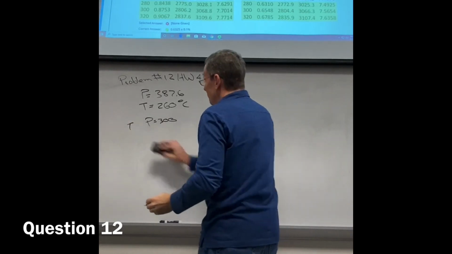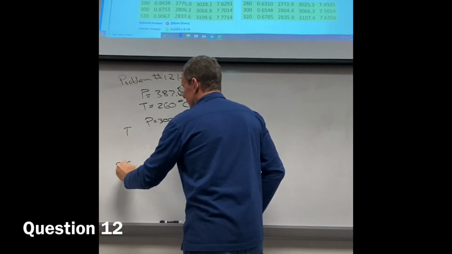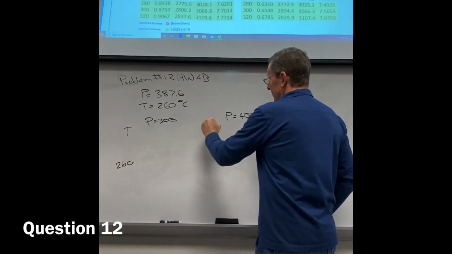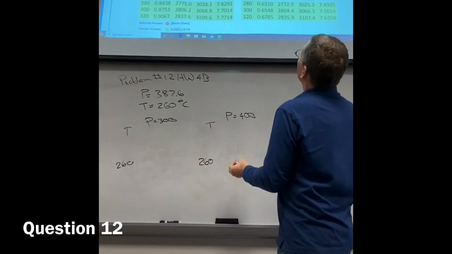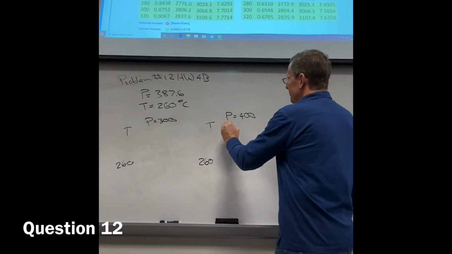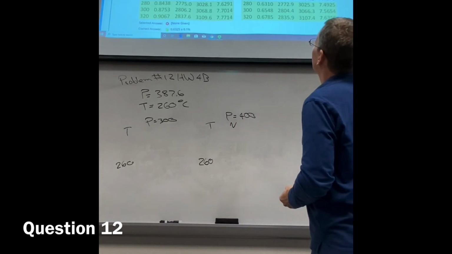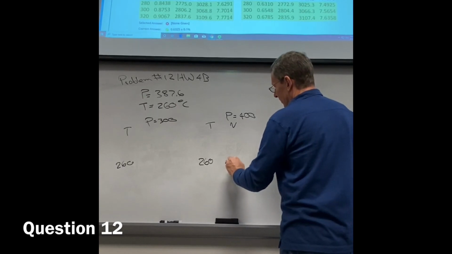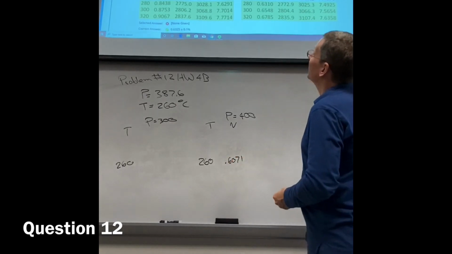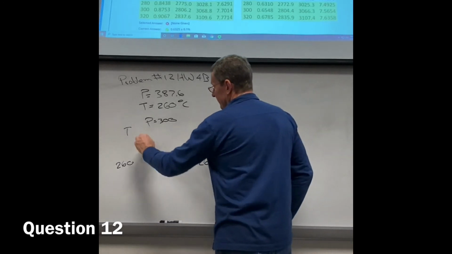In this table, there's a T equals 260, and over here, same thing. And we're trying to find specific volume. Under the 4-bar table, it's 0.6071, and on the 3-bar table, it's 0.9067.